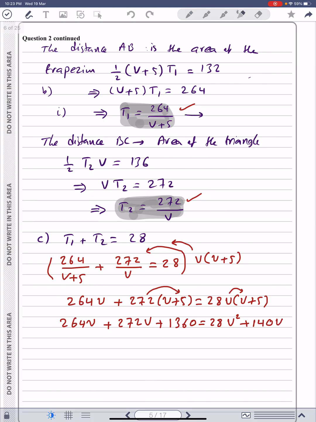So very clear, it's a quadratic equation to be solved by adding or subtracting and simplifying, forming 28V squared, combining the like terms, minus 300. Of course, for you, you have to use the calculator here to make sure your answer is right.